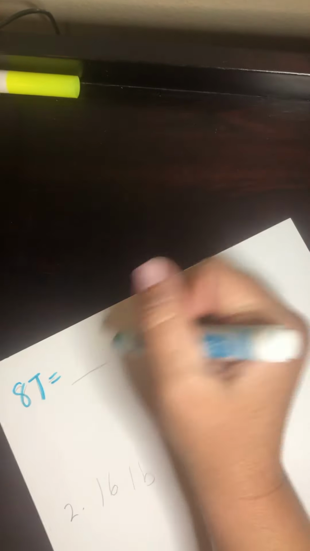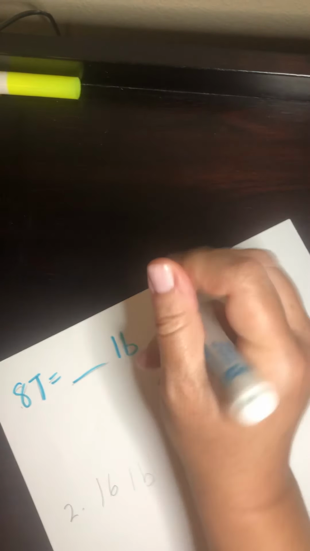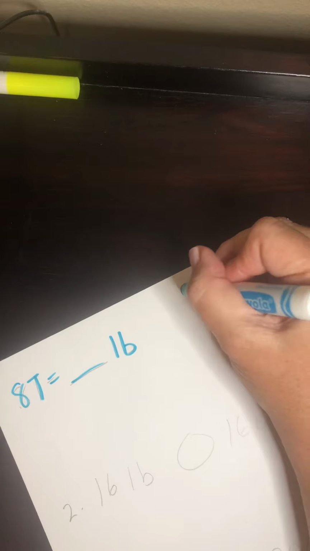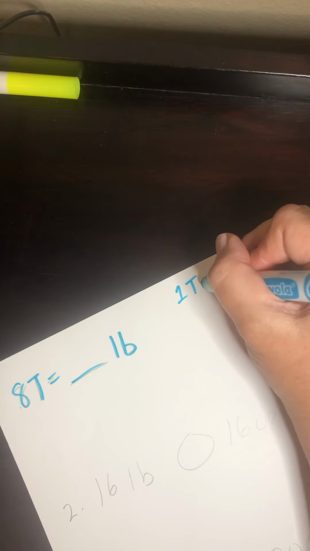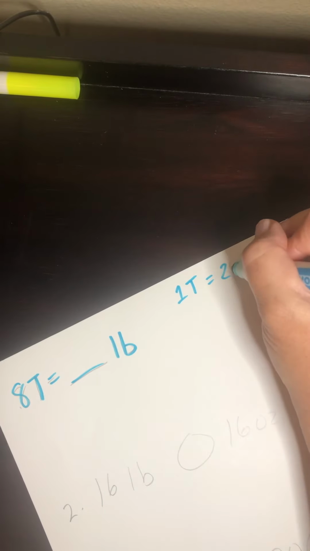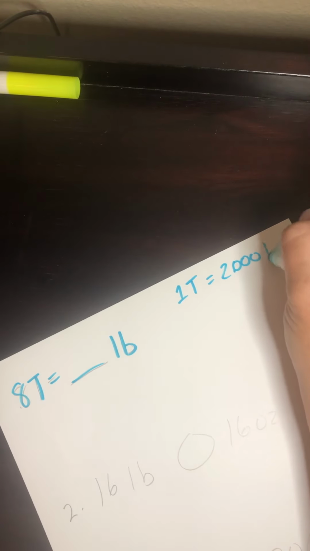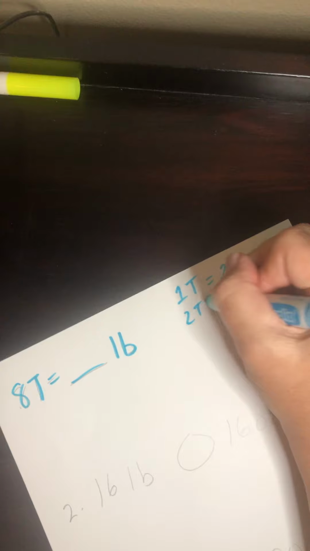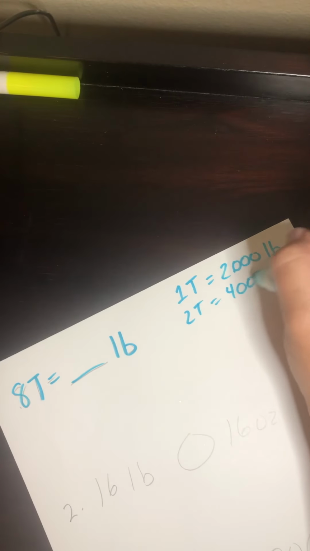So let's look. Here are some examples of what we're going to do for our work today in your 13-3. One of the questions asks about converting tons into pounds. So I first need to review and think, okay, 1 ton is the same as 2,000 pounds. So I can go through and start doing my pattern.